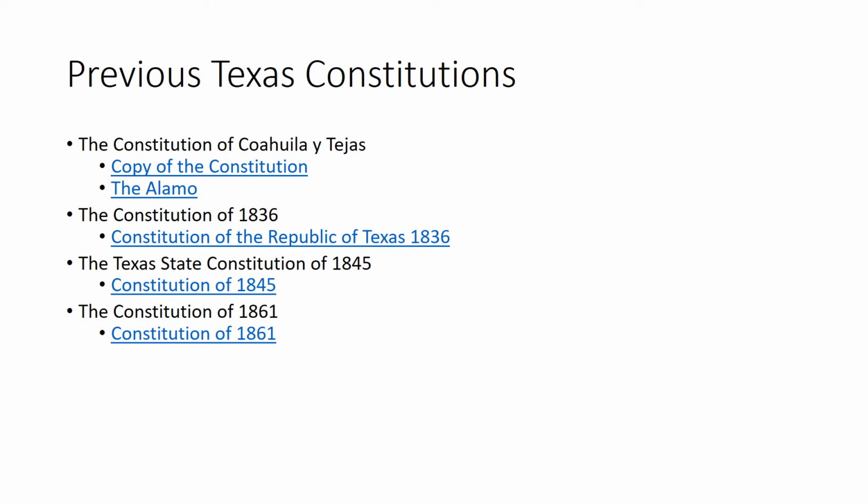A new constitution was drafted. This constitution stated that it was protecting the institution of slavery, and the references made to the United States of America were replaced with references to the Confederate States of America.